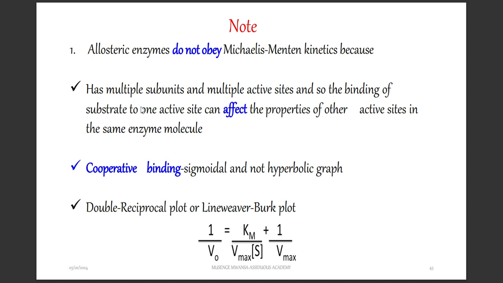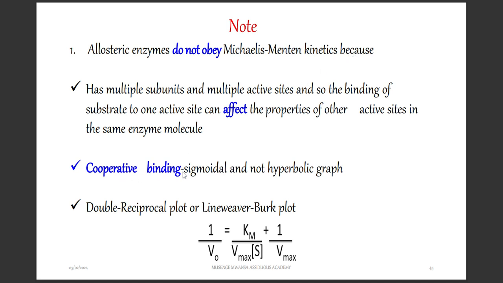Because the Michaelis-Menten equation can only work for those enzymes which have got only one subunit and one active site. Now, allosteric enzymes have got multiple subunits and multiple active sites for substrates to be able to bind. And so they are not going to be affected by the Michaelis-Menten kinetics.